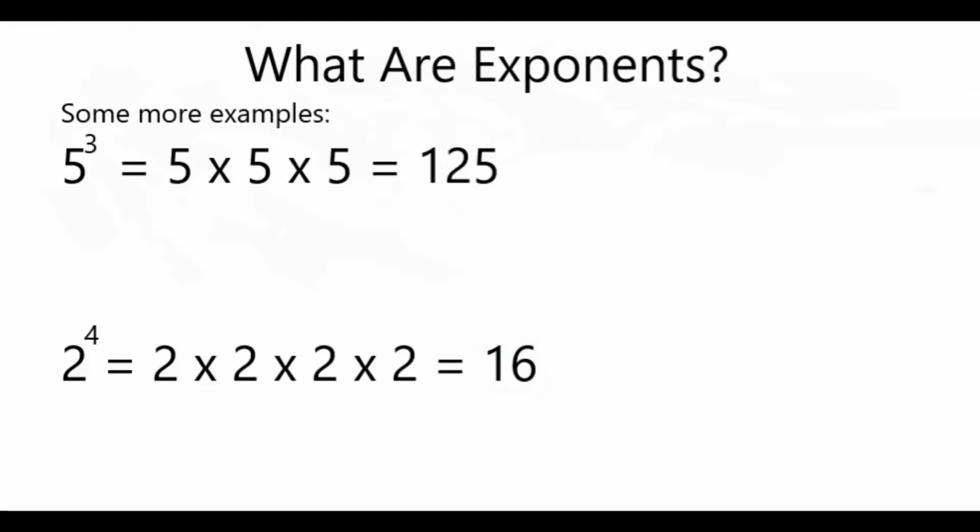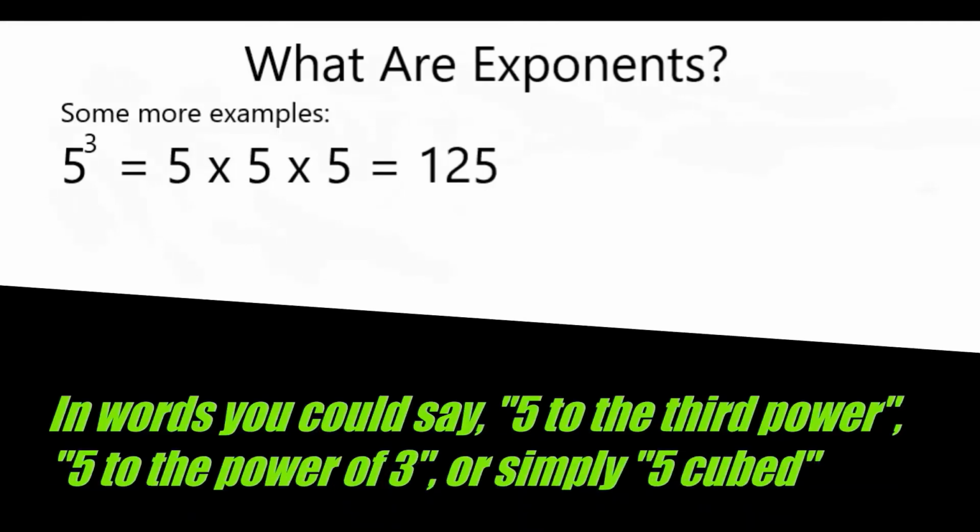Now, earlier I mentioned how you can say these in certain ways. All right. So, for example, for 5 to the third power, words that you could say are, like I just mentioned, 5 to the third power, 5 to the power of 3, or you can also just simply call it 5 cubed.